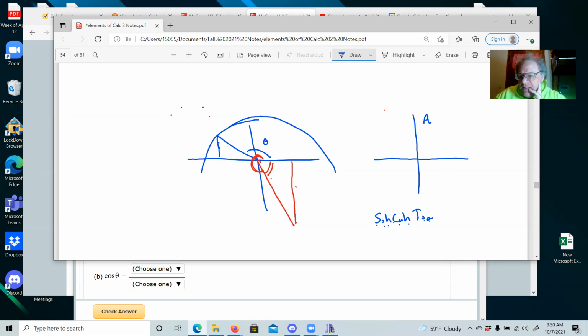But the fact is that all of your trig ratios are positive in quadrant 1. Only the sine is positive in quadrant 2. The tangent is positive in quadrant 3. And the cosine is positive in quadrant 4.